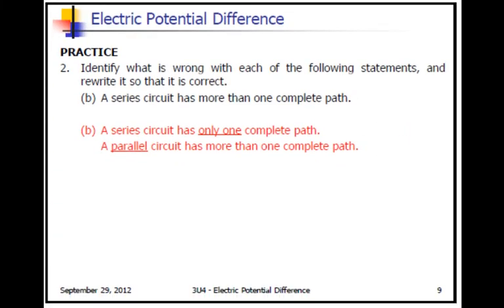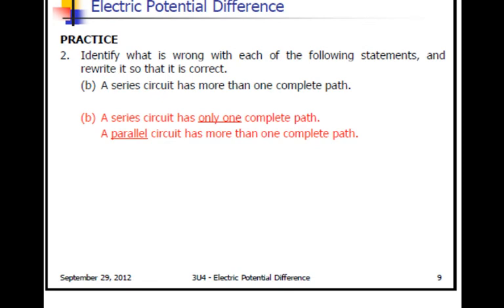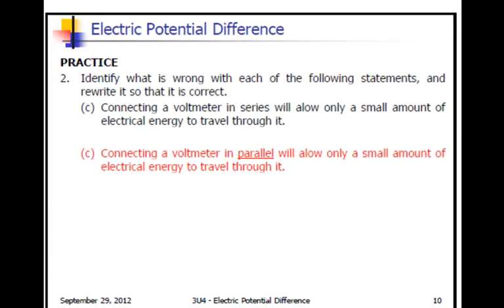This statement says a series circuit has more than one complete path. By definition, a series circuit has only one complete path. It's really just a circuit or a loop. A parallel circuit has more than one path. Connecting a voltmeter in series will allow only a small amount of electrical energy to travel through it.